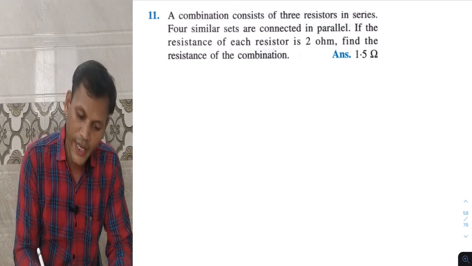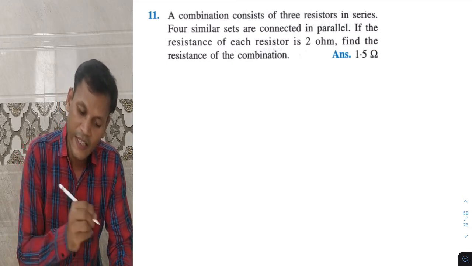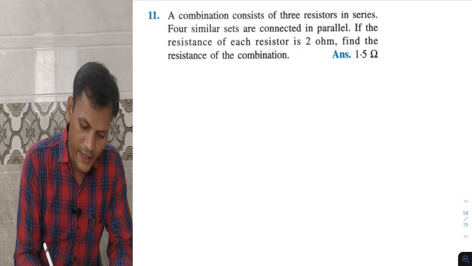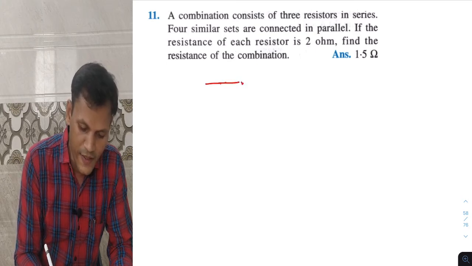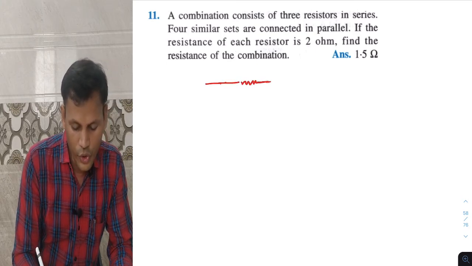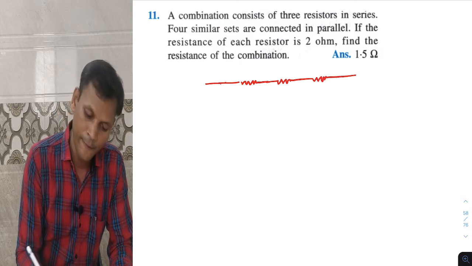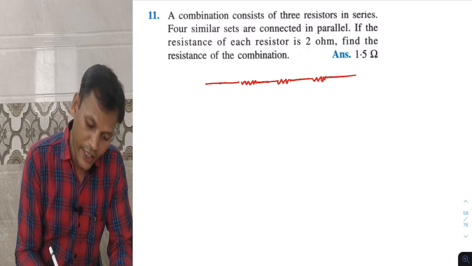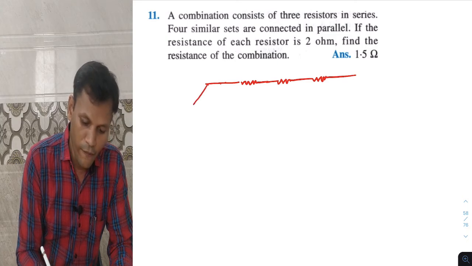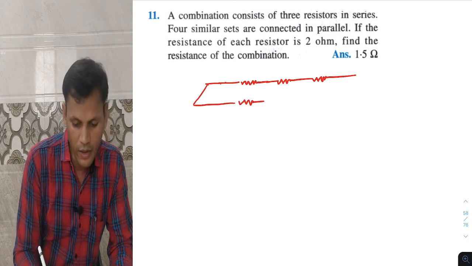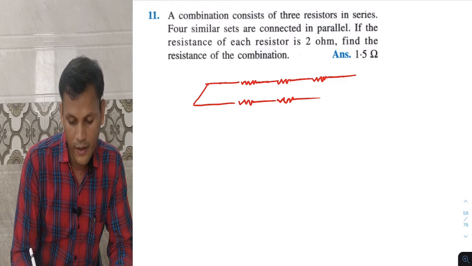What they want to say: 3 resistors in series, like this, 3 resistors are in series, 1, 2 and 3. These 3 resistors are in series, and such kind of 4 sets are there. It is the second set.